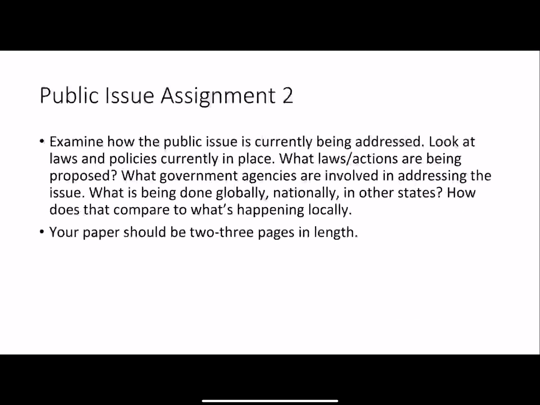Or if you're not here in Nebraska, maybe you're in Minnesota or some other place in the United States, you may want to compare where you are to Nebraska. This paper should be 2 to 3 pages in length, and again, if it goes over that, that is fine, but it should not be less than 2 to 3 pages.